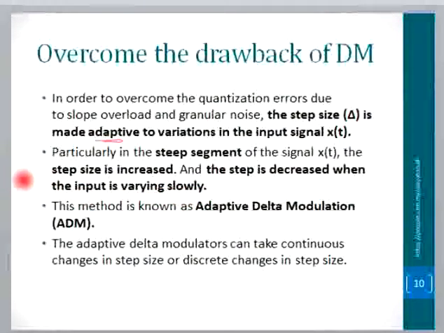So for high gradient, the step size is increased, and for flat, the step size is decreased. This method is known as adaptive delta modulation, ADM. Adaptive delta modulation can have continuous changes in step size or discrete changes in step size.